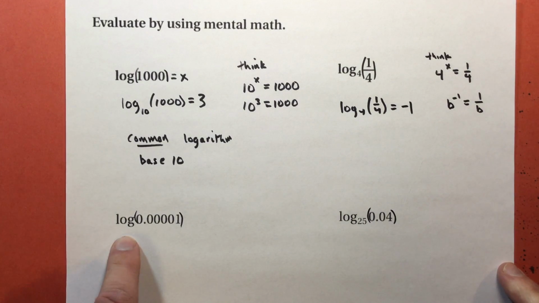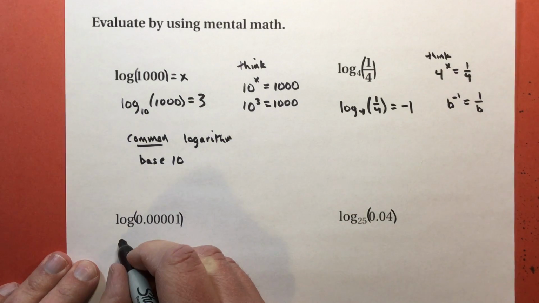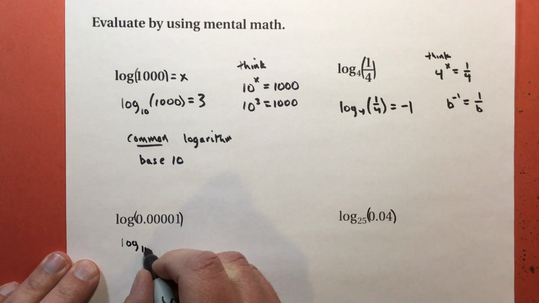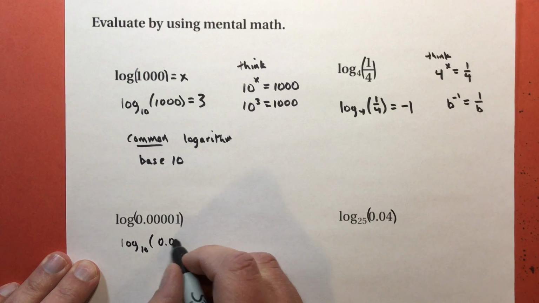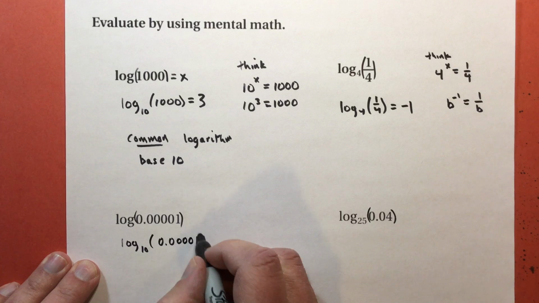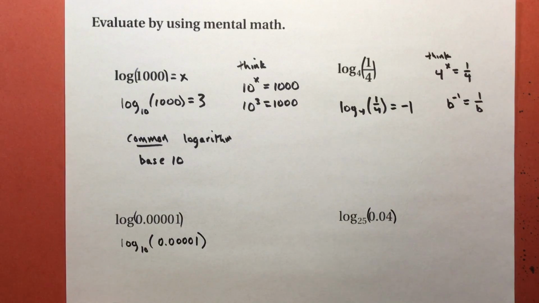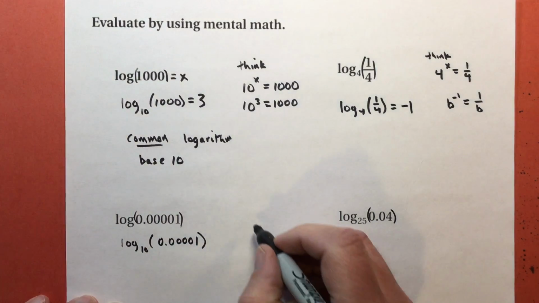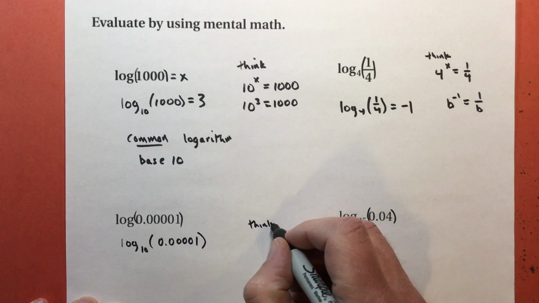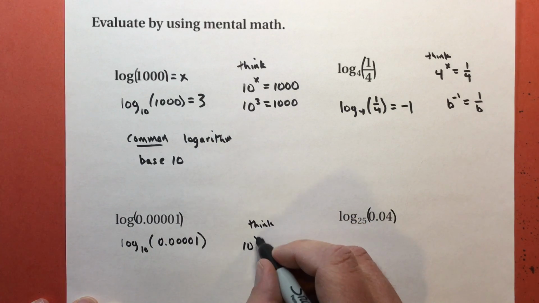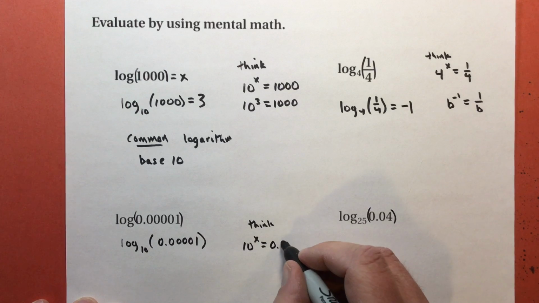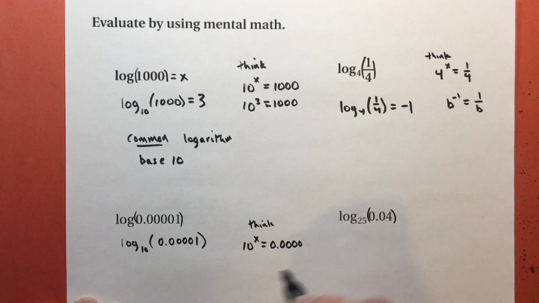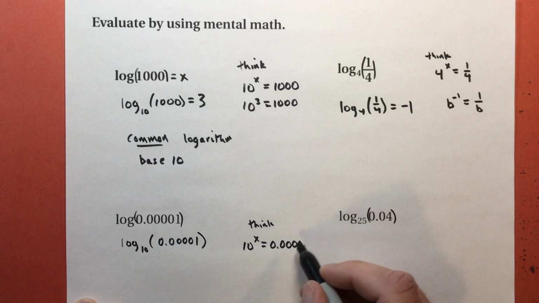Let's try this one. If I don't see the base of the logarithm, then that means that the base is 10. This is log base 10 of 0.00001. So what I'm going to think is 10 to what power equals 0.00001. I gotta count 1, 2, 3, 4.